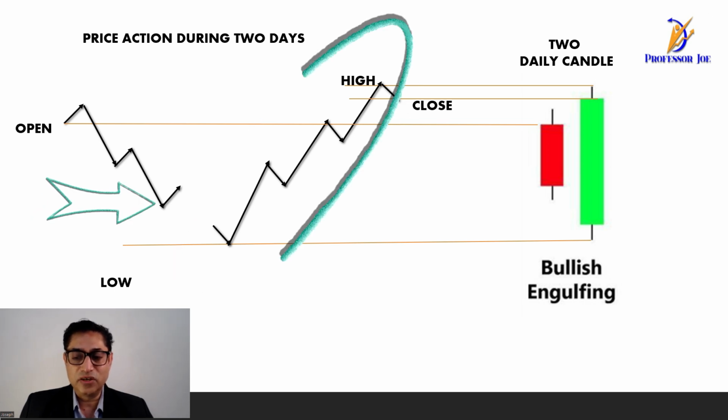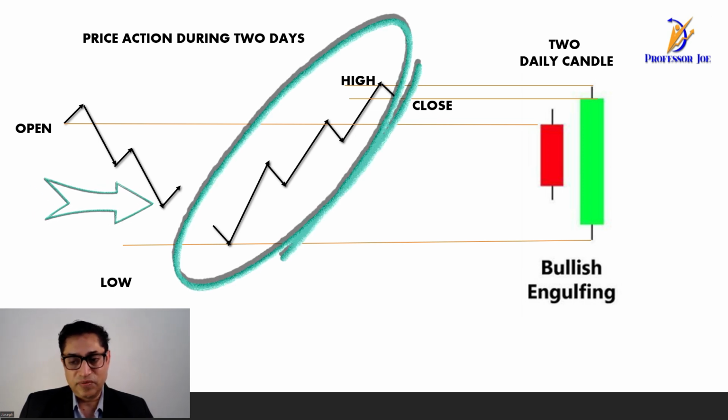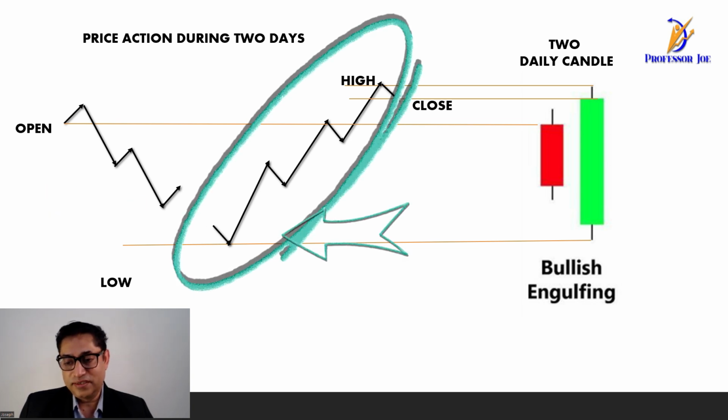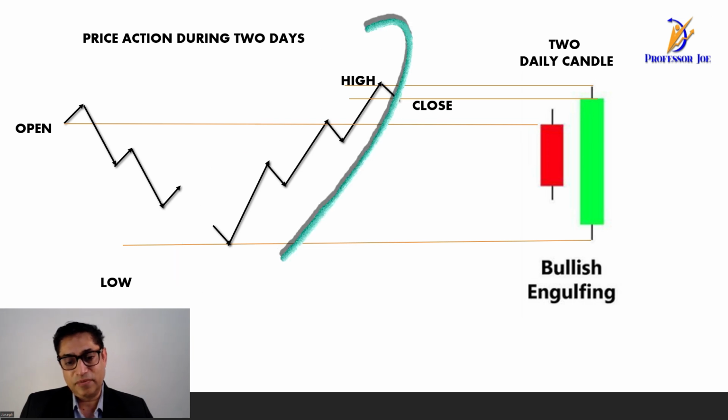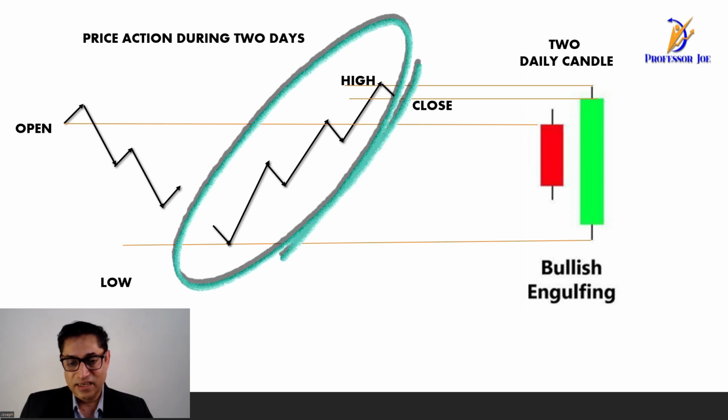You can see that the closing of the red candle is somewhere over here, and the opening of the green is even lower, somewhere here. So it is very clear that the opening is below yesterday's close. The price opened, went a little bit down because it has created a tail. Then it went back up, came down, went back up, came down, went back up, created a high, and then came low again and did a closing.